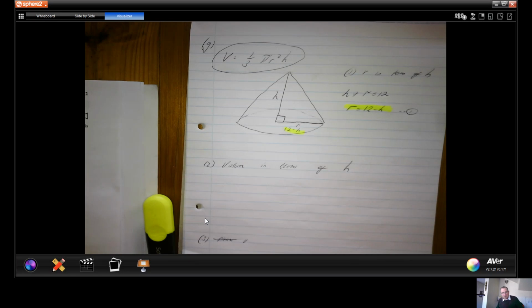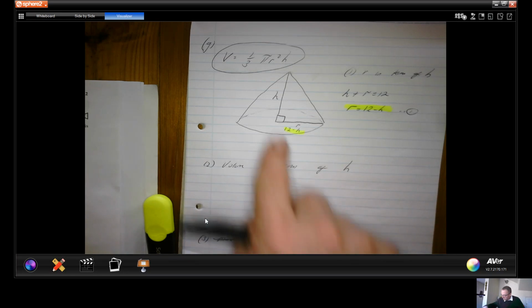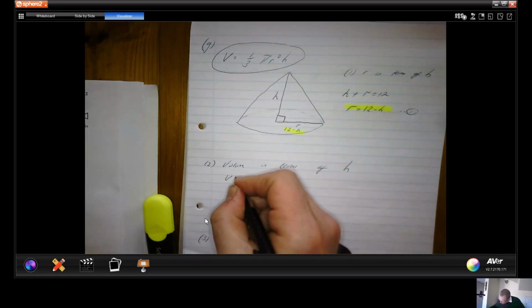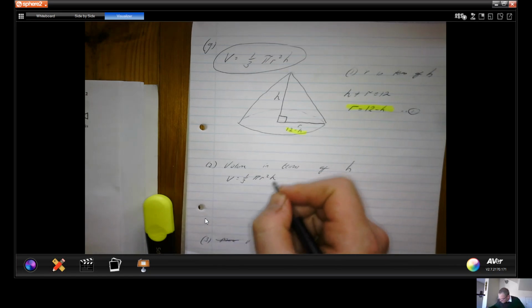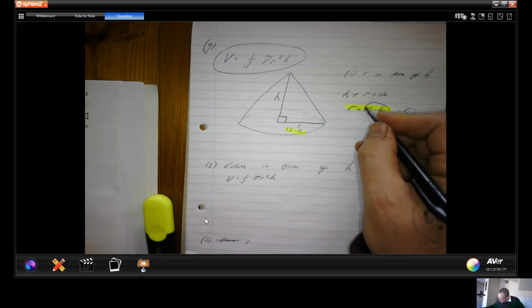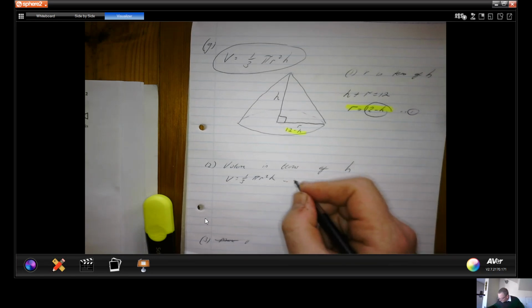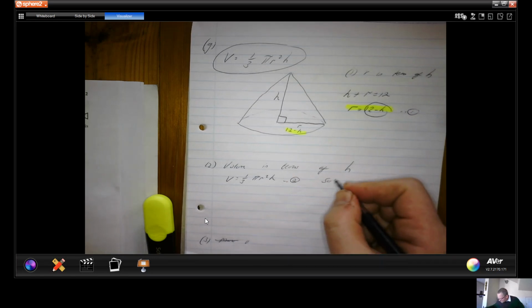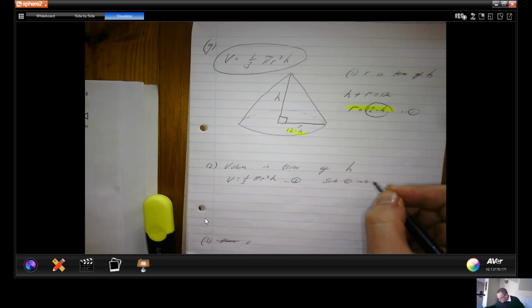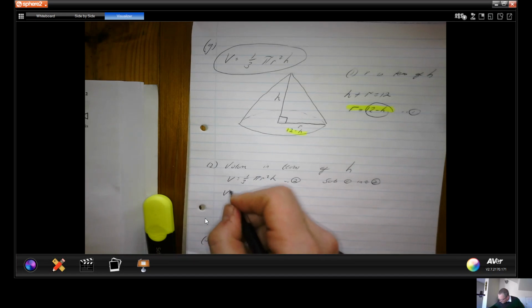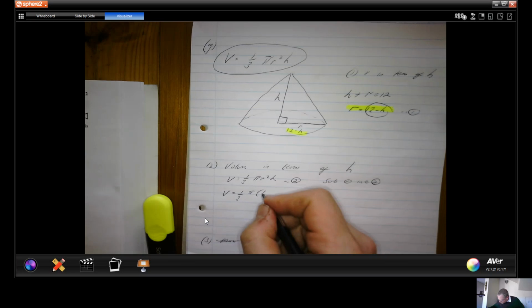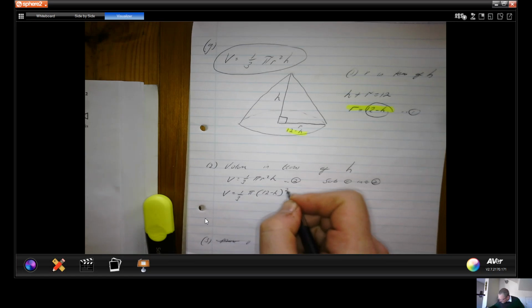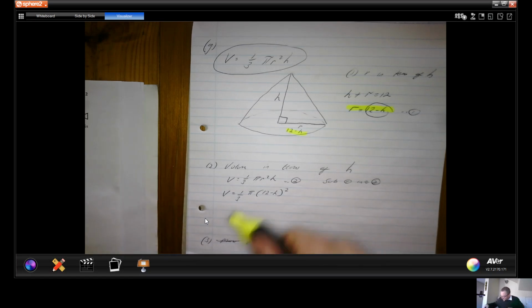Now it says find volume in terms of h. We know that volume is equal to a third pi r squared h, but we know that r is equal to 12 minus h. So if I sub 1 into 2, I'm going to get volume is equal to a third pi, 12 minus h squared, times h. I've just replaced r with 12 minus h.